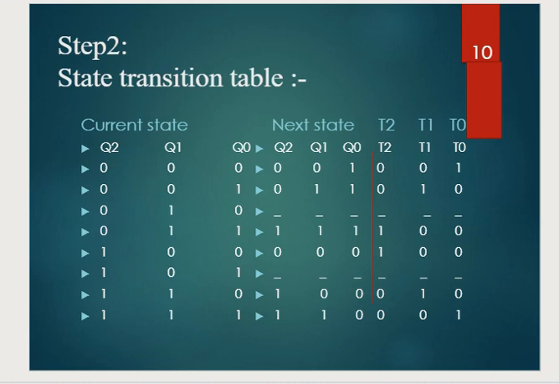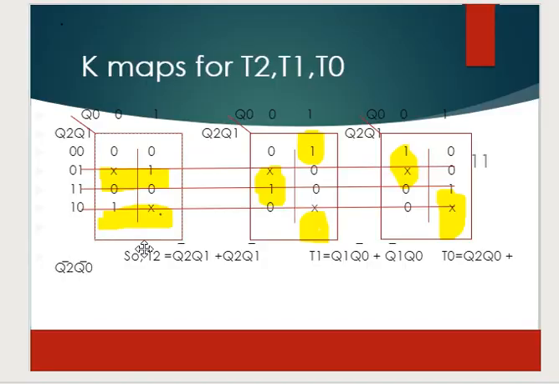Let us move further. We are done with the state transition table. The next step is to create a K-map for T2, T1 and T0. On the basis of the transition table, we are going to derive our equations by doing simple algebra in the K-map.